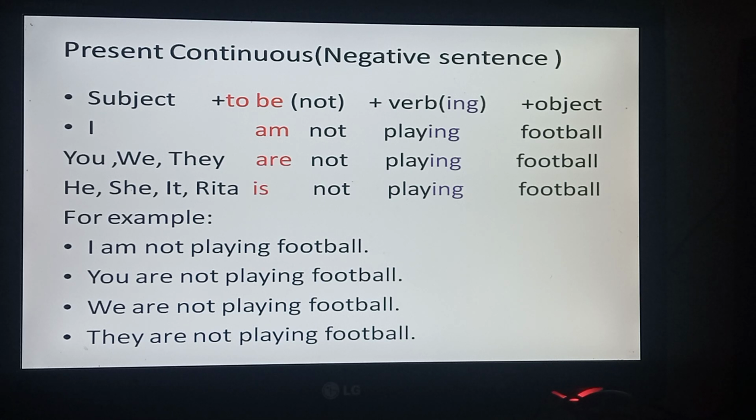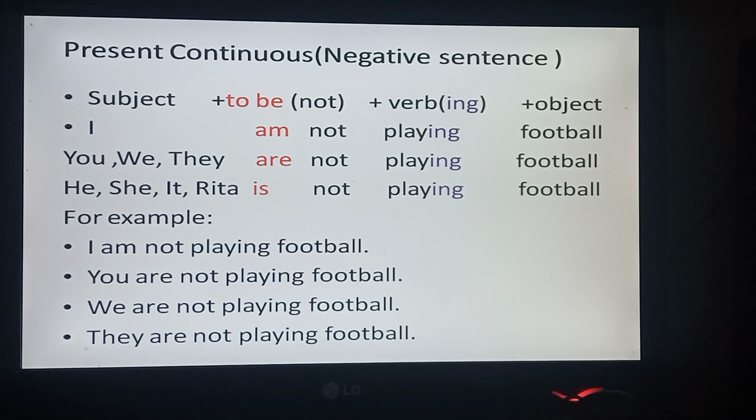So: I am not playing football. You can see the ing in purple color. It is showing that the action is continuing. You, we, they are not playing football.